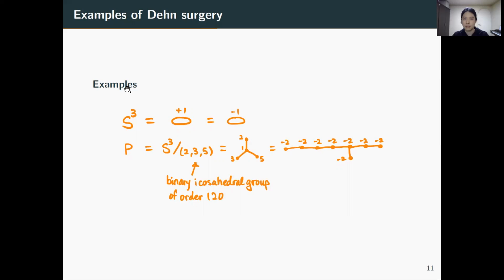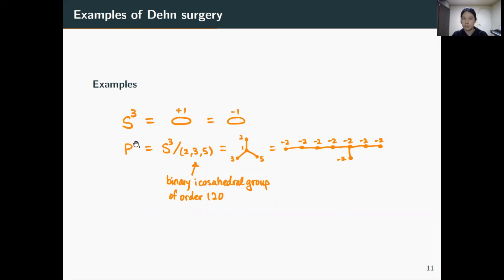Here I drew a few examples. S3 is the same as having no surgery at all, but it's also the same as doing a +1 surgery or a -1 surgery on the unknot. It doesn't change S3.